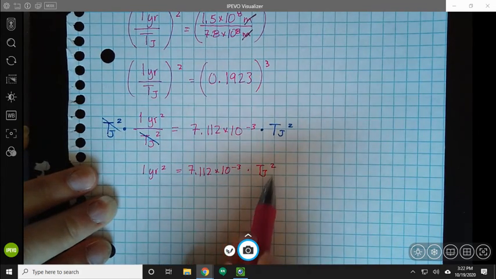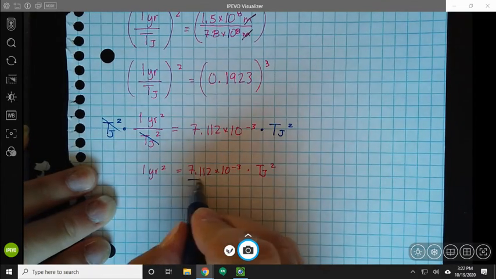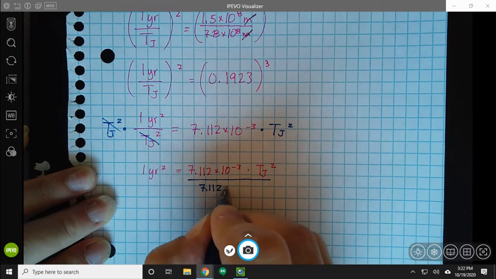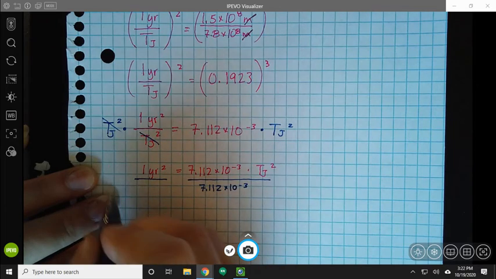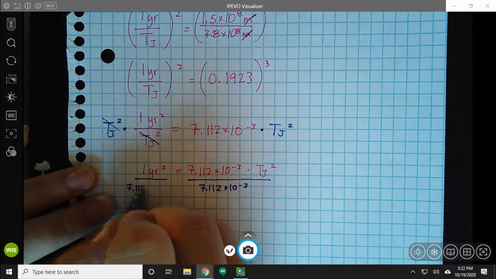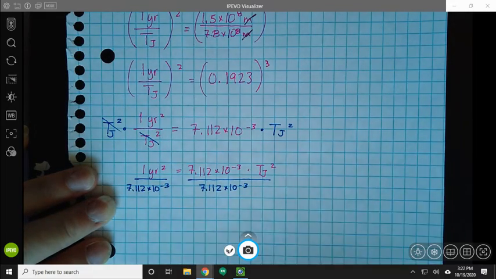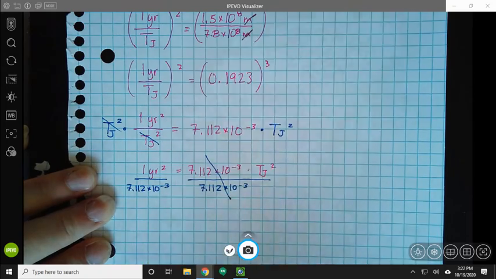Well, I've still got to get that Tj squared by itself. So in order to do that, I'm going to divide by 7.112 times 10 to the negative third. If I do that to one side, I have to do it to the other. And so over here, those cancel.